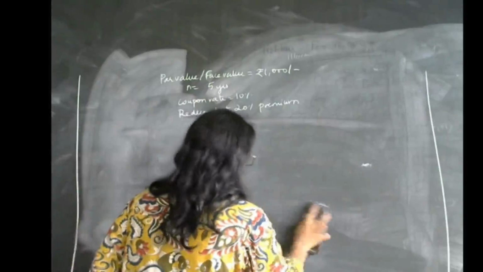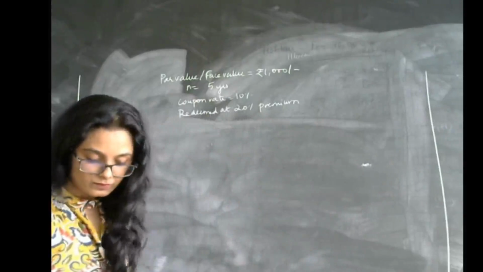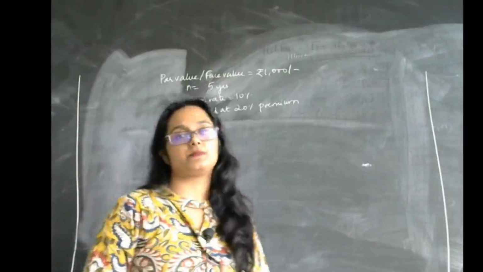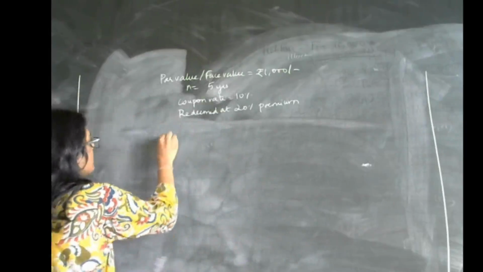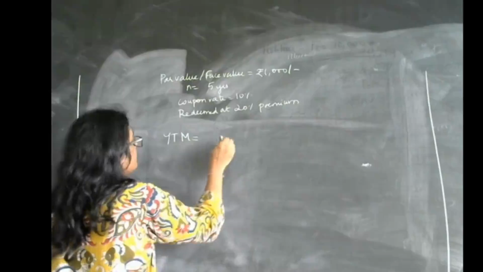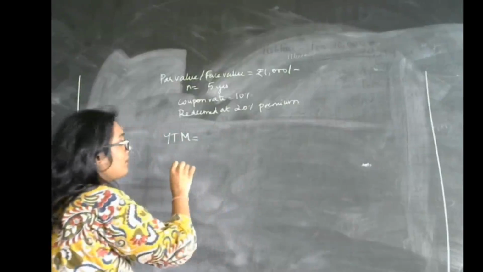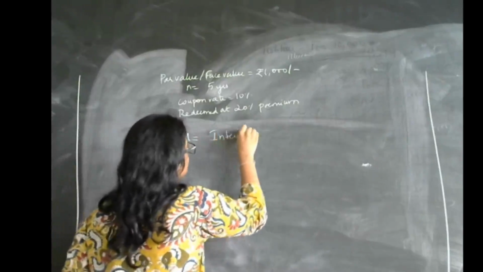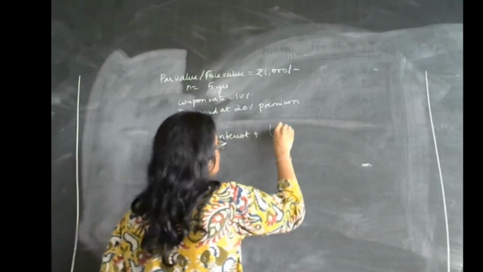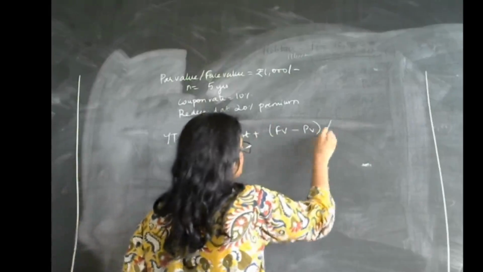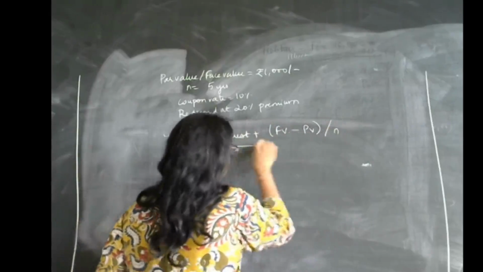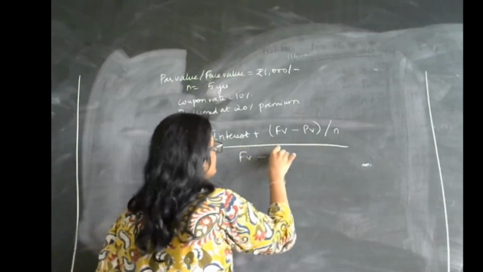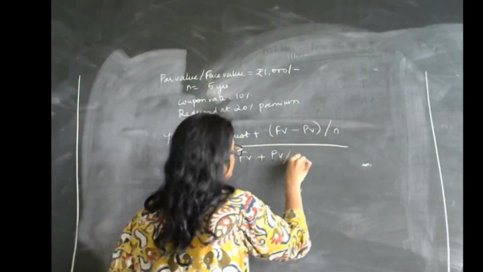Now what was the YTM formula that we saw? We saw it in the previous recorded session where I had explained the theoretical aspect of the formula for YTM. YTM is equal to what? You all remember? The entire equation: future value minus present value, plus present value, divided by 2.